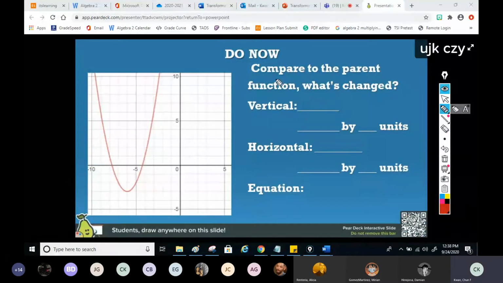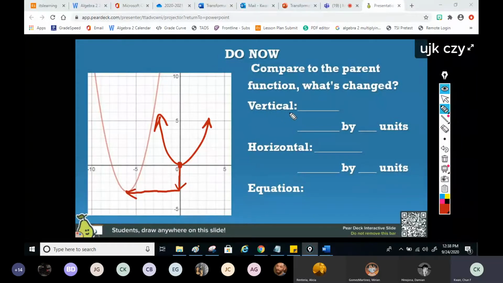All right, so compared to the parent, what's changed? So the parent function starts right here. This is the original. It starts at 0, 0 right here. So compared to the original, this new one is right here. That means it is shifted down this way, and then it is shifted to the left, okay?